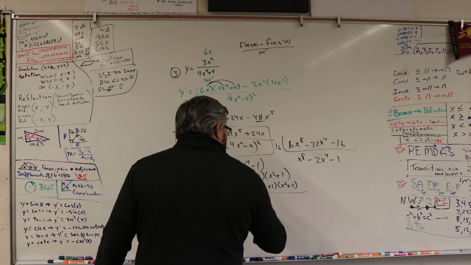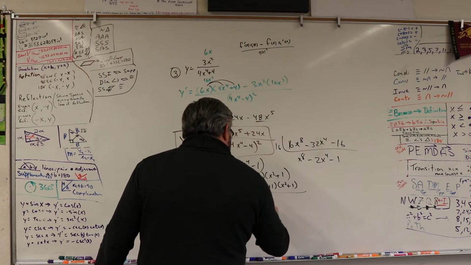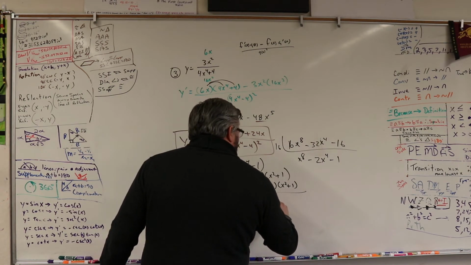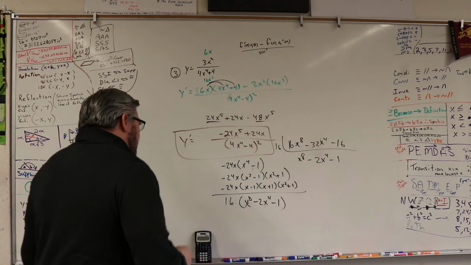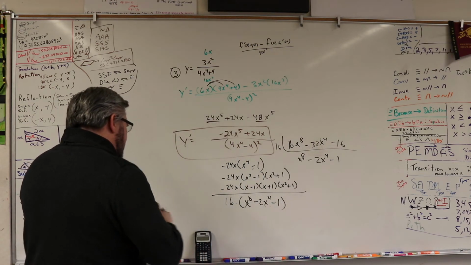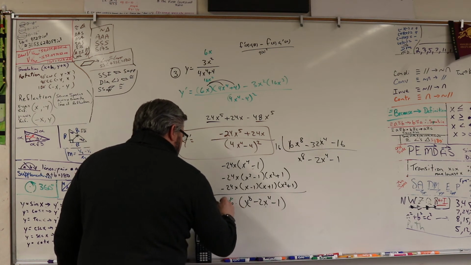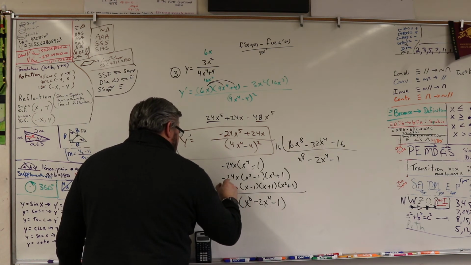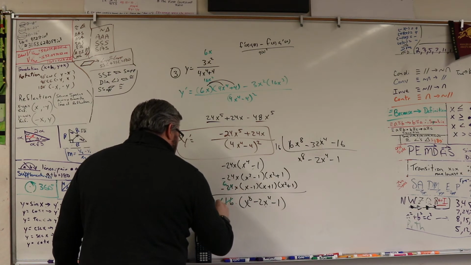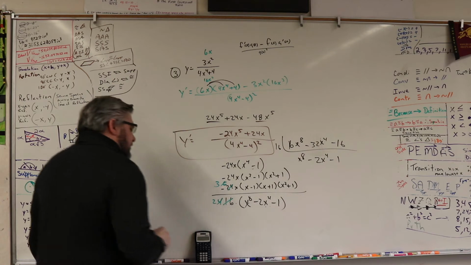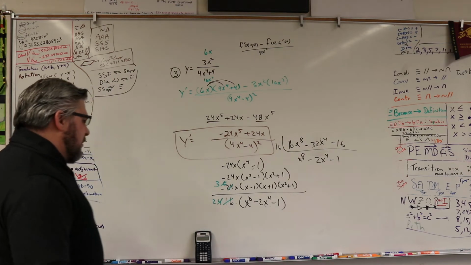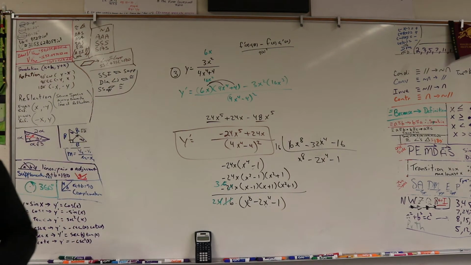So that's x to the 8th minus 2x to the fourth minus 1. And then the 16s kind of cancel. So we got what, 4 goes into here 4 times, 4 goes into here 6 times, and 2 goes into here twice, and 2 goes into here 3 times. Boom! So is that the answer?